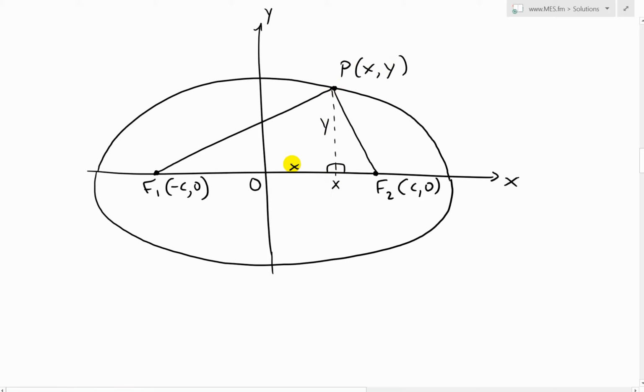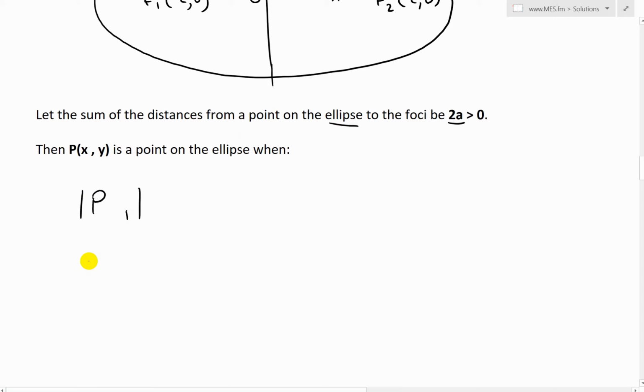Then P of x, y is a point on the ellipse when we have the distance from f1 to P and f2 to P. So I'll write the distance P f1 plus the distance from P to f2 equals 2a, and that's what we're setting it to, and this is just a constant that's written as 2a in that form.